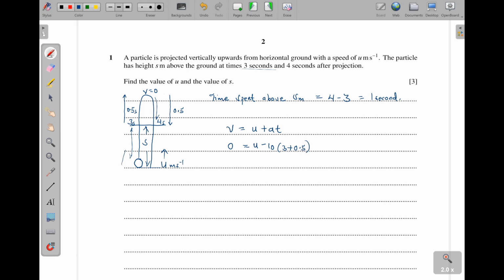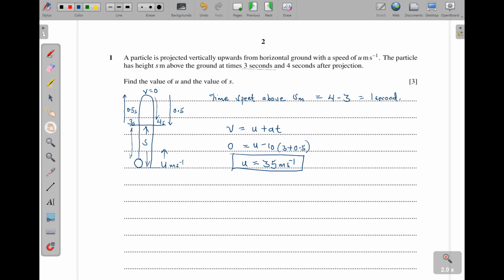Remember, it takes 3 seconds to move up to here, then now the 0.5. So this one will give us 3.5 times 10, that is minus 35. So then when it crosses, that means u is equal to 35 meters per second. So that is the initial speed it was projected with.